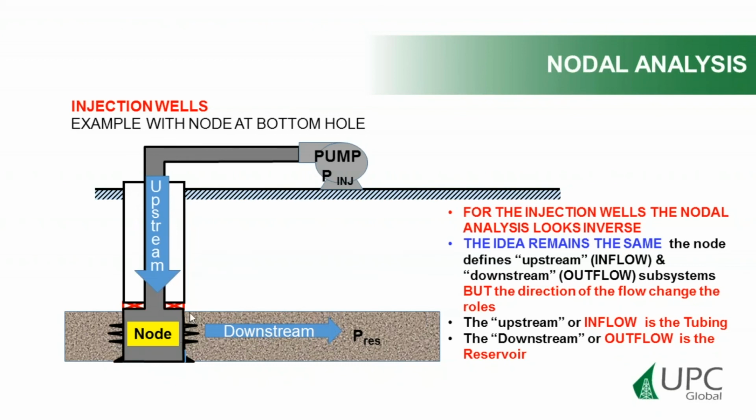Downstream is going to be everything here, so the outflow is going to be the reservoir. So everything changes, but the idea remains the same. We are dividing the system into subsystems and changing the roles because of the direction of the fluid.